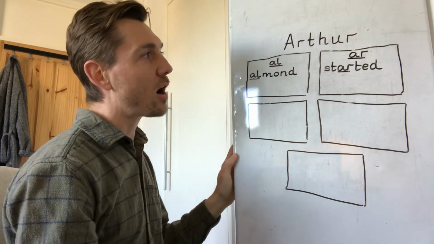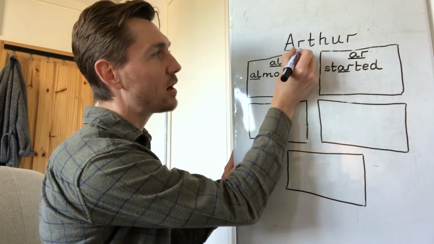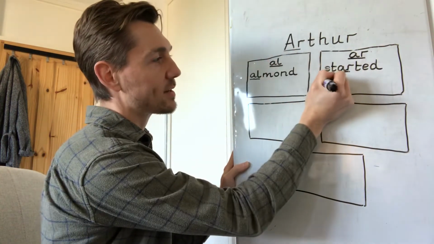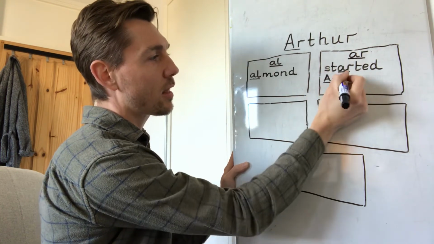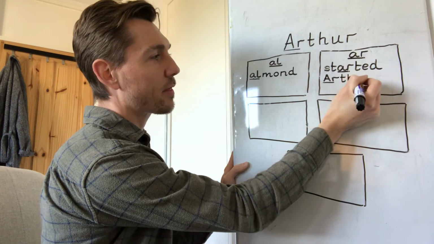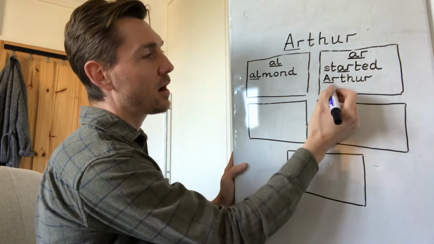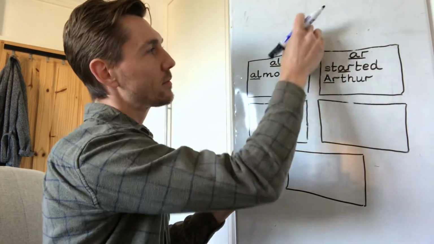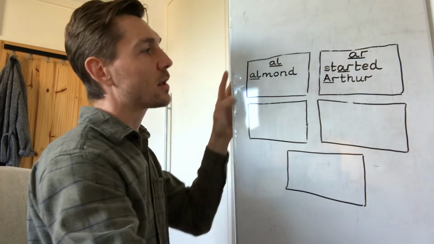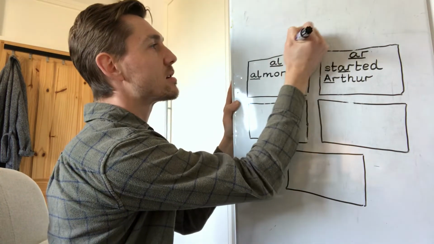So, Arthur. It shares that AR spelling of R, and we say the sounds to write Arthur. R, Arthur, Arthur. Remember that name. Arthur. Okay, the next word.